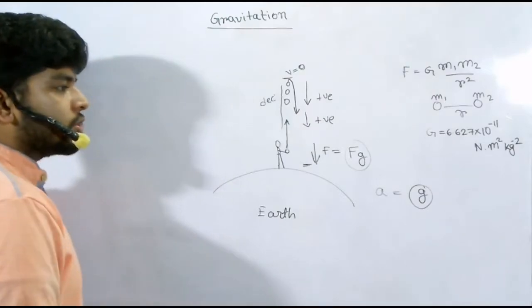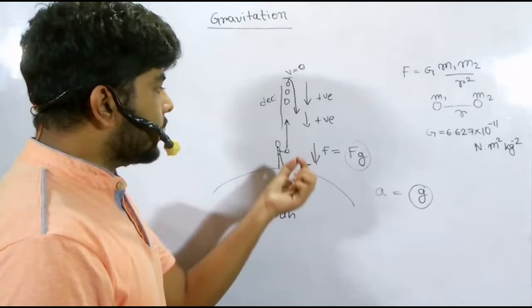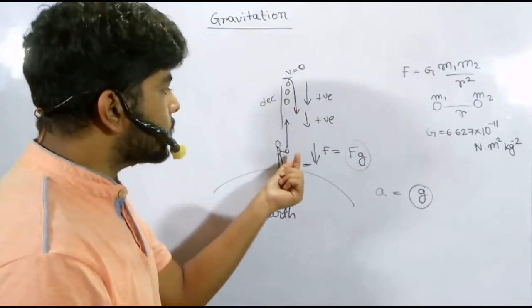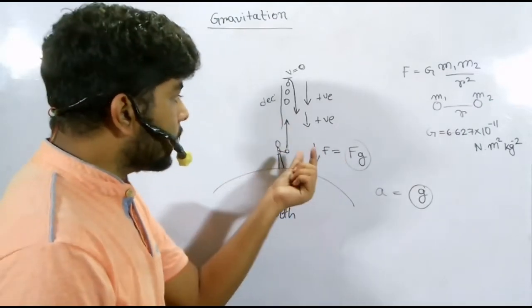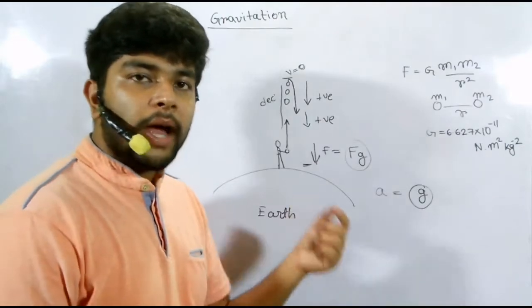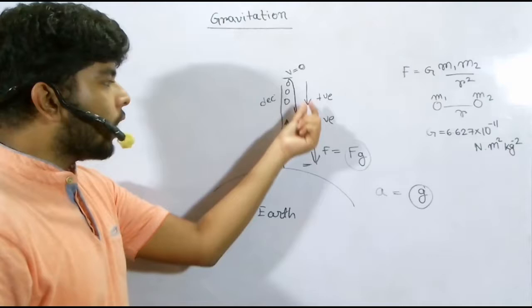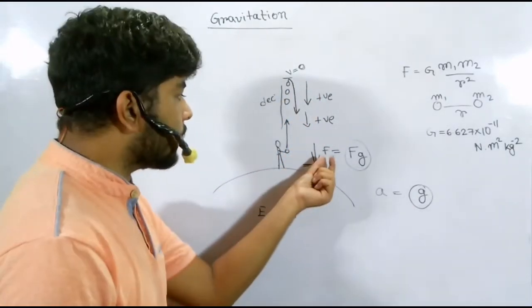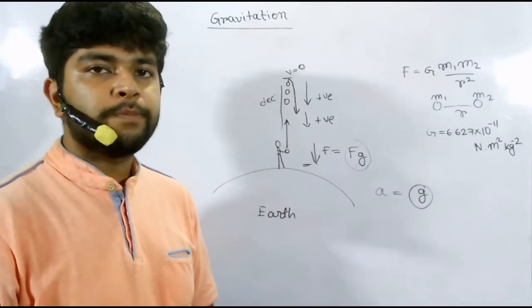Now an object falling from a height under the influence of the gravitational force is called free fall. If an object falls from a height towards the earth under the influence of gravitational force, it is called free fall.